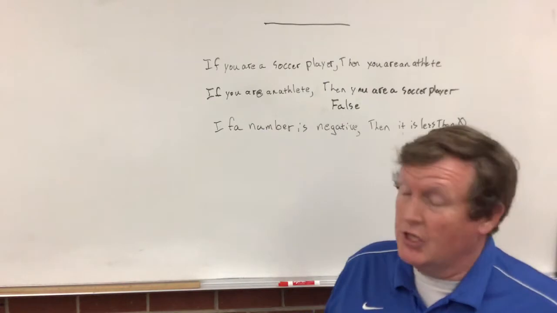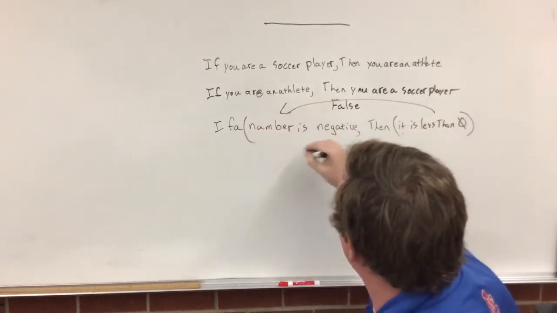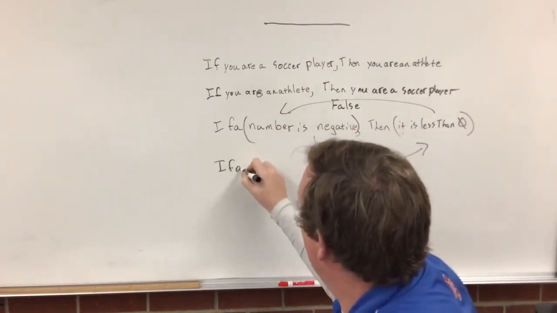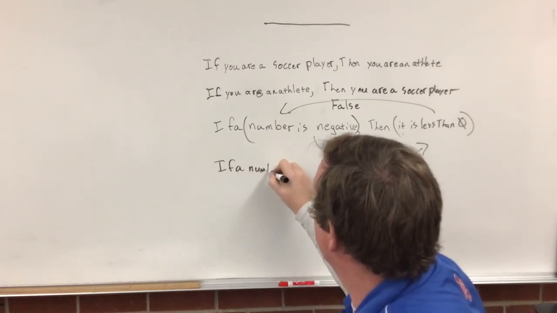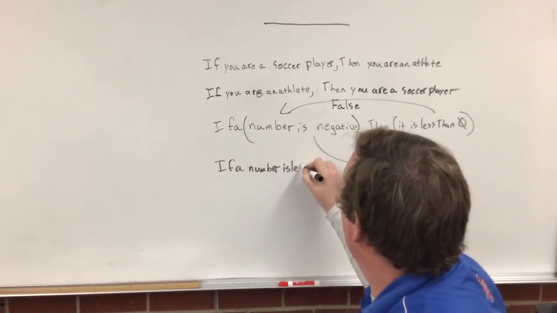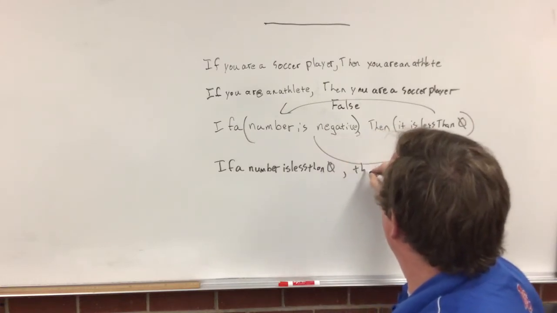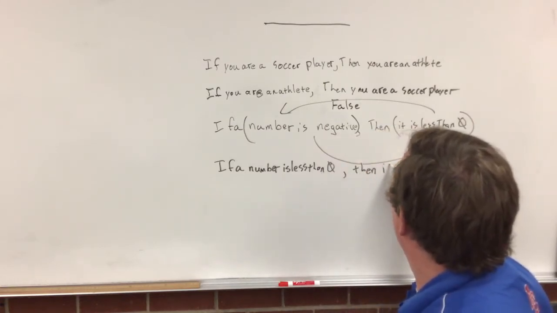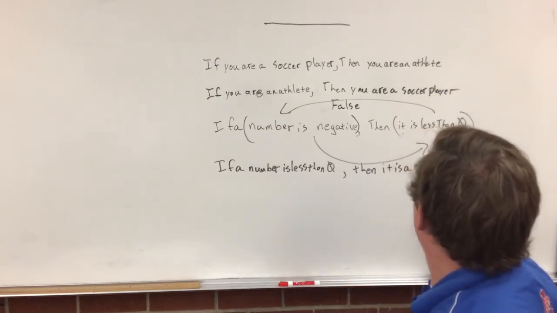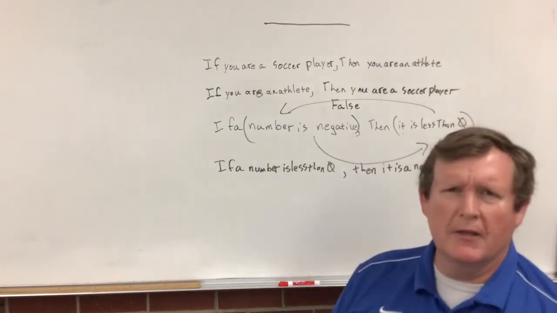Now let's do the Converse statement of that by taking this part and moving it here, and taking that part and moving it there. So, if a number is less than 0, then it is a negative number. I'm abbreviating a little bit there.